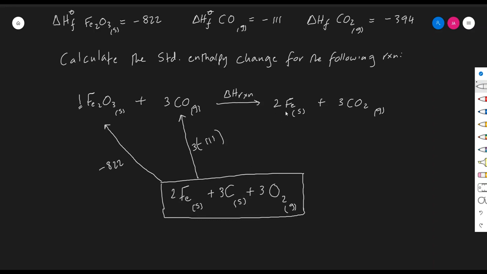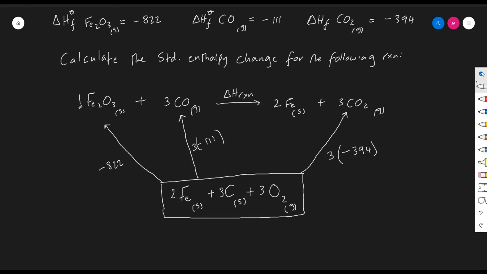This would be a 0 value, thus no arrow will be drawn. I also have the formation of CO2 per mole from its elements, which is negative 394 kilojoules per mole, but since I have 3 moles here, I will multiply this value, negative 394, by 3.